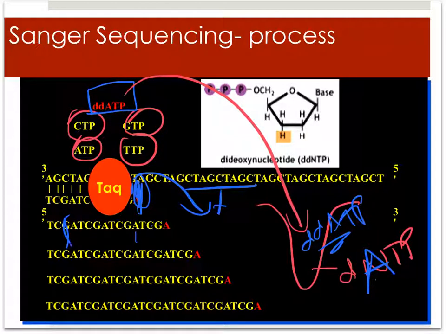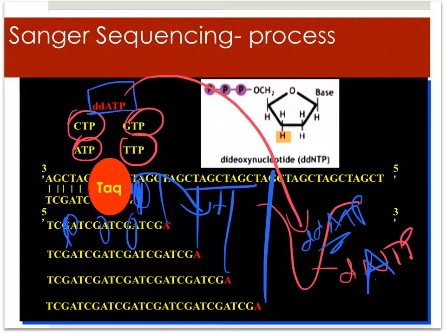You see an A here, you see another A here, another A. There will be a short fragment, a longer fragment, a longer fragment, a very long fragment, a very, very long fragment. But each time the dideoxy attaches, Taq falls off.